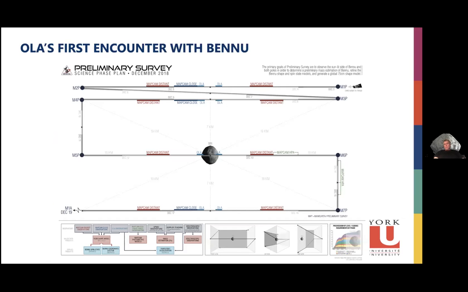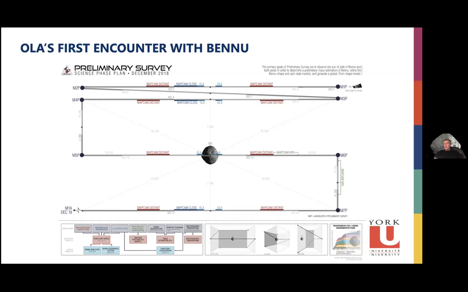Okay, so OLA's first encounter with Bennu was what's called the preliminary survey. Here we were, nominally 7.5 kilometers from the surface of Bennu, and the plan was to do 3 passes over the North Pole, 1 pass over the equator, and 1 pass over the South Pole.